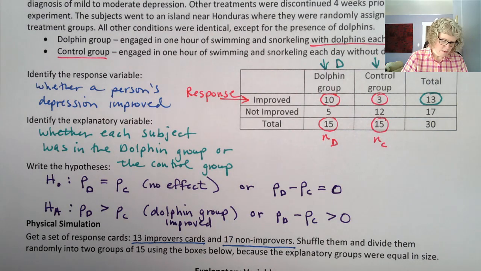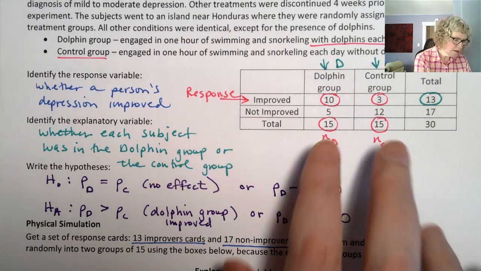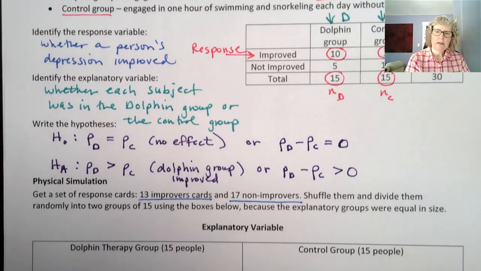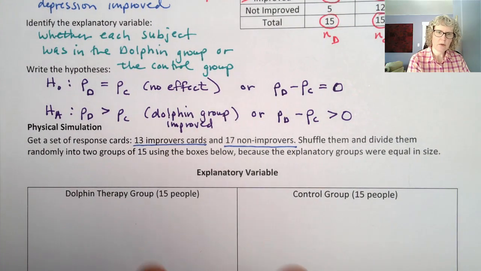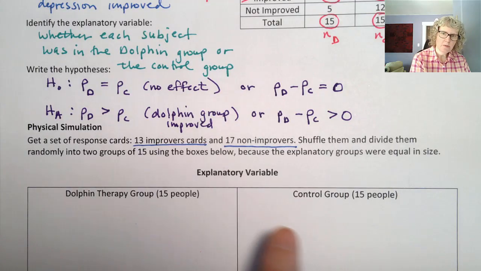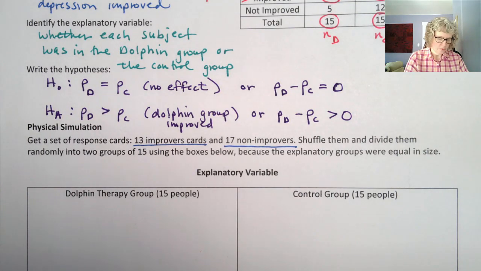First I'll do it with these little blue cards that I have. The idea is the 13 are going to improve no matter what, and the 17 are not going to improve no matter what. But they were in this experiment divided into 15 and 15. So we're going to shuffle into 2 equal groups and say, this would have been the therapy group and this would have been the control group, right? Because remember, we're saying there's no difference.